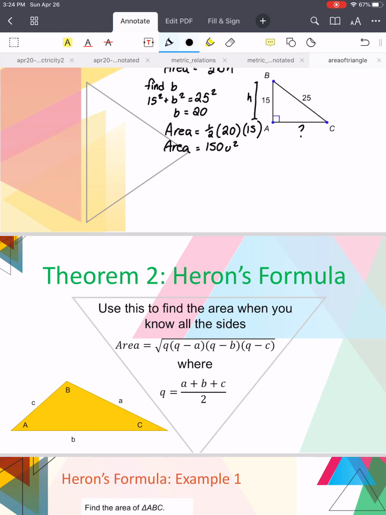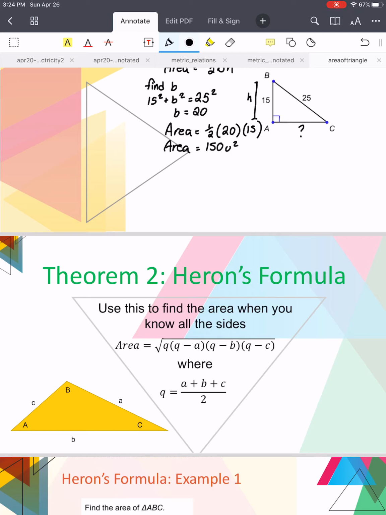The area is the square root of Q times Q minus A times Q minus B times Q minus C. So that's the square root of all of that. A, B, and C are the sides of the triangle. Q is going to be the sum of A, B, and C divided by 2. You could also think of this as the perimeter divided by 2.